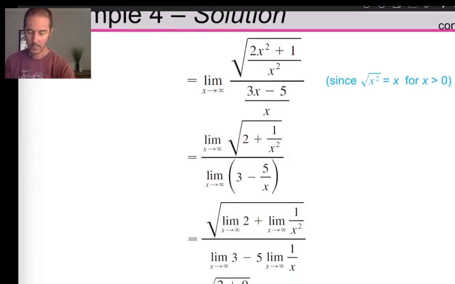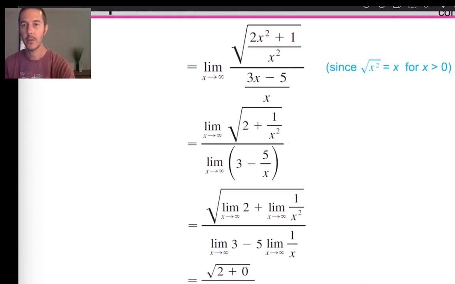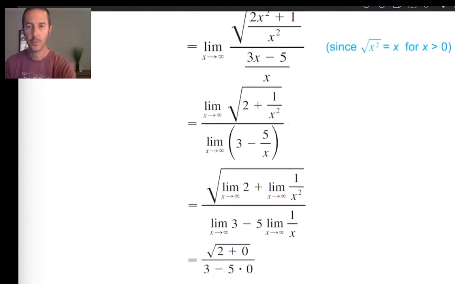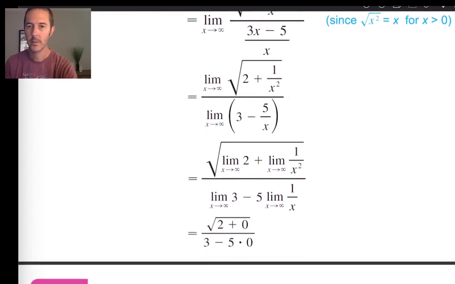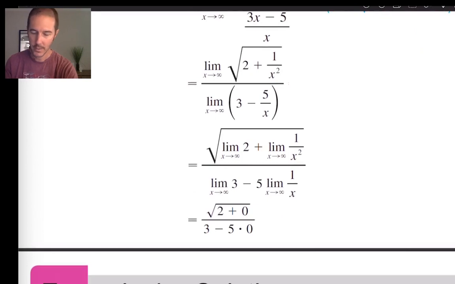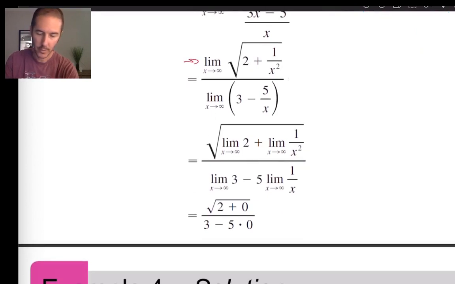And now we can finally use our limit laws and distribute this limit into all of the terms that we're seeing, both in the numerator and denominator. Once we do all of that distribution, first into the numerator and denominator, and then into all of the terms in the numerator and denominator, we can finally evaluate those individual limits.